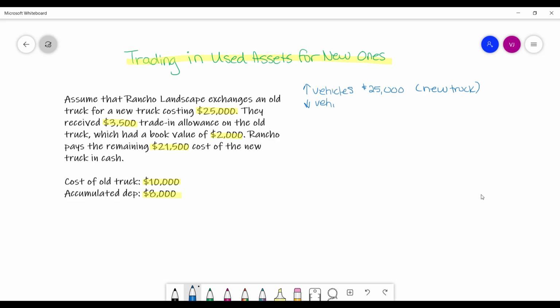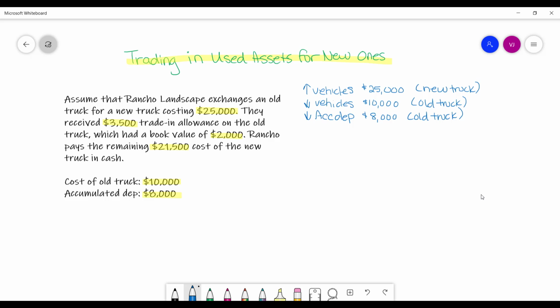So the vehicles account would also have to be decreased in the amount of $10,000 in relation to the old truck that we're now trading in for the new one. But the old truck would be removed, but also its accumulated depreciation would also have to be removed. So the accumulated depreciation on the old truck we know is $8,000. So that would be removed as well.